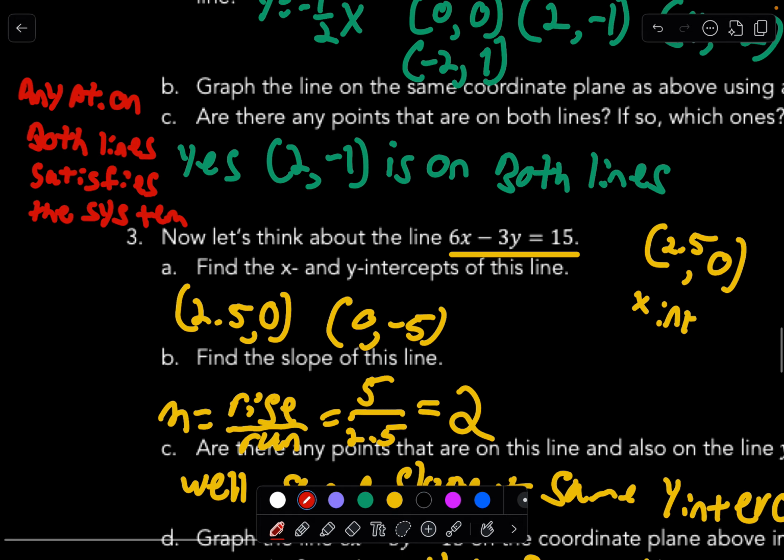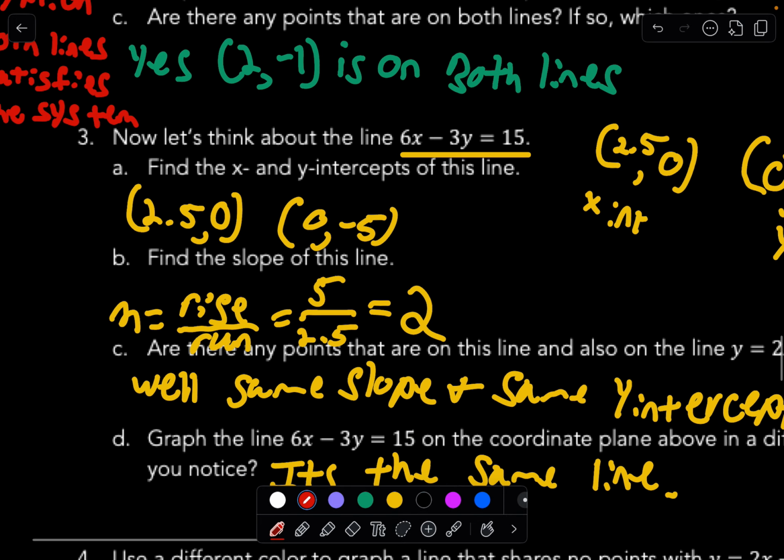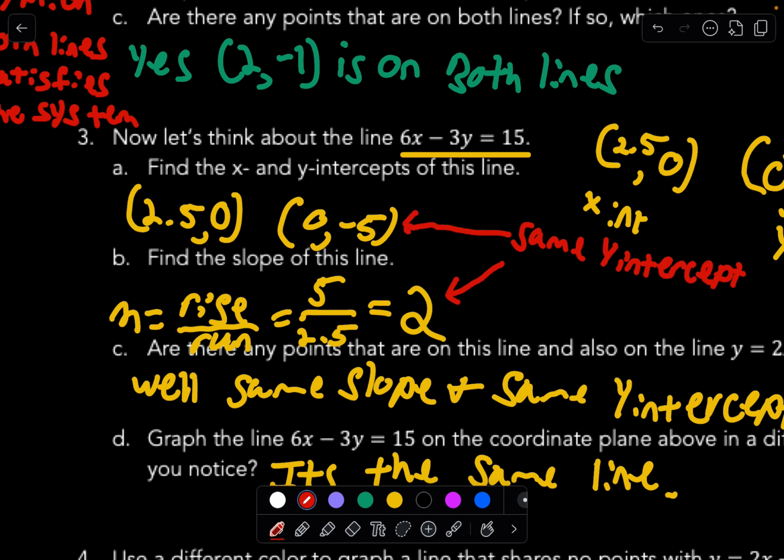Okay. Now notice, it's the same y-intercept and same slope as y equals 2x minus 5.